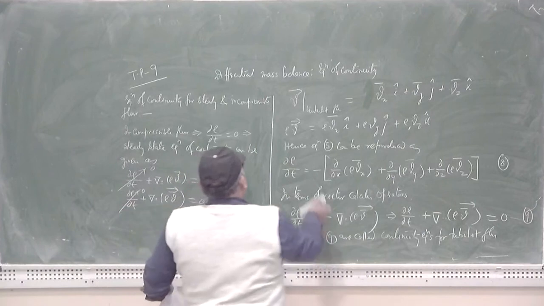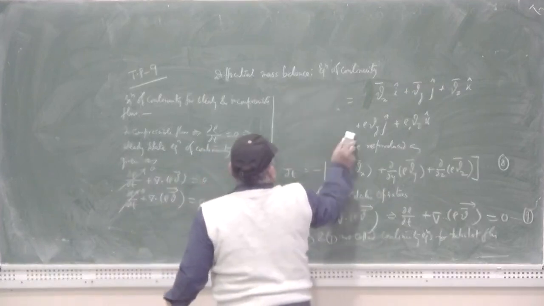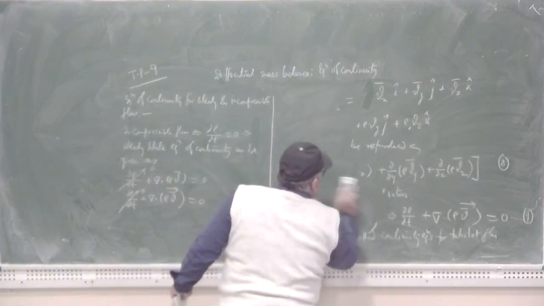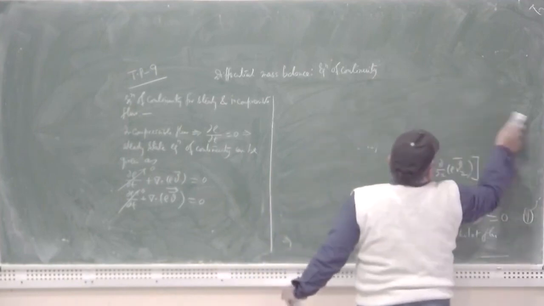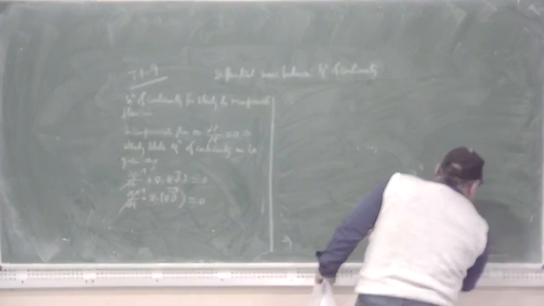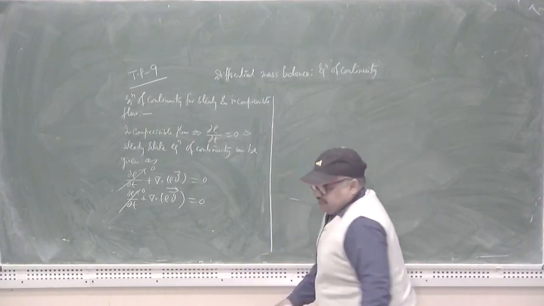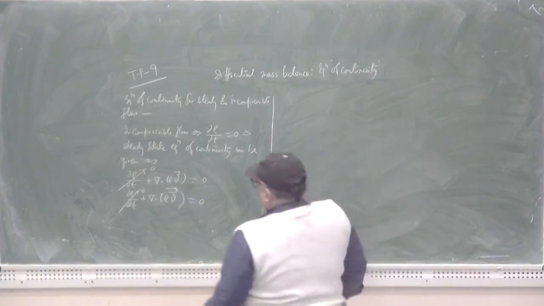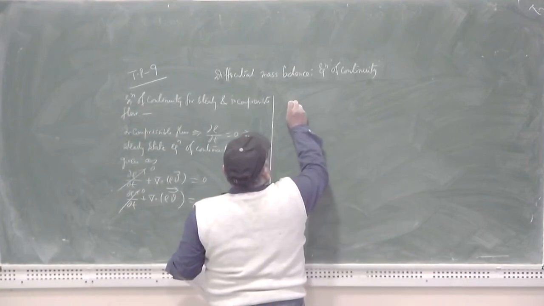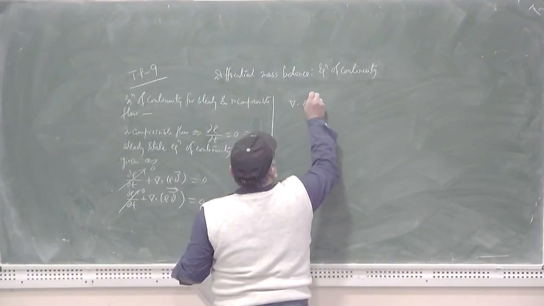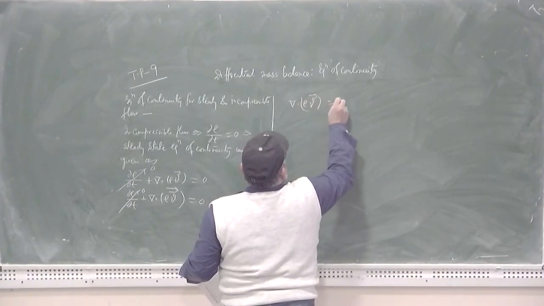So, expanding these equations, we will obtain the equation of continuity for the steady state incompressible fluid flow. So, del dot rho v vector is equal to 0.